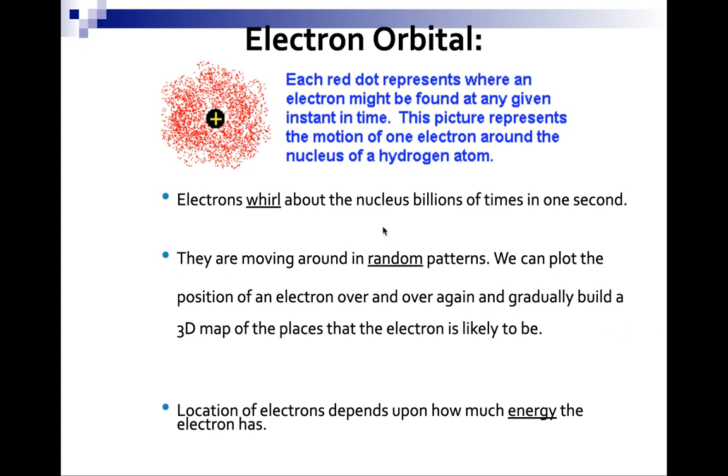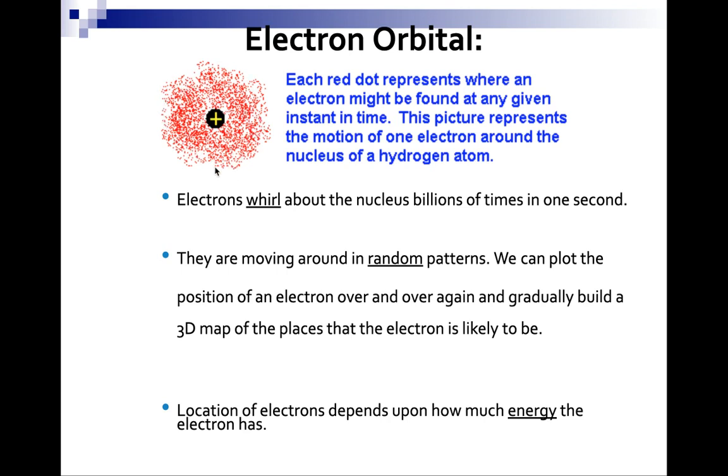So for instance, if you were to take hydrogen and map the one electron of hydrogen over a period of time, you would notice that every one of these dots represents where the electron would show up over a period of time. And we notice that there's a high probability that it could be found here or here or here or here or here.